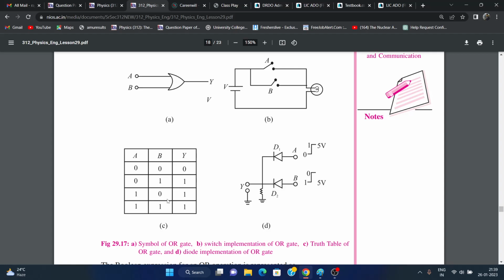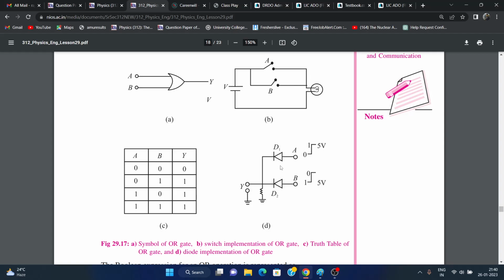In the third row, A is closed, B is open, so current passes through this path and the bulb glows. And in the fourth row, both of the switches are closed, so current passes through both of them and the bulb glows and we get 1 as output.